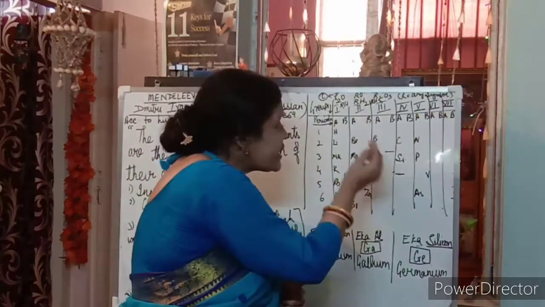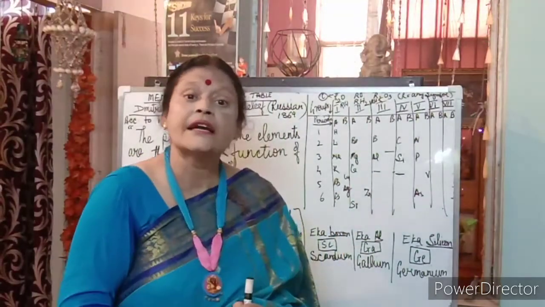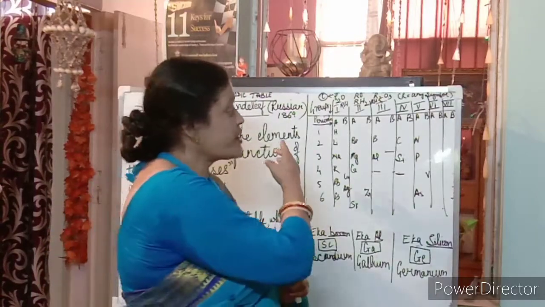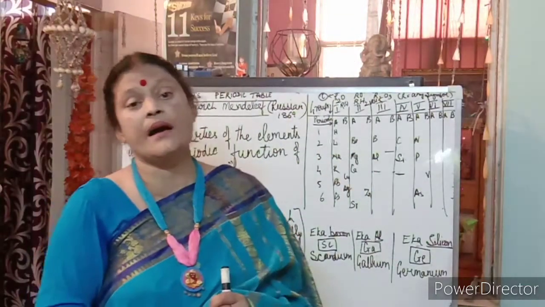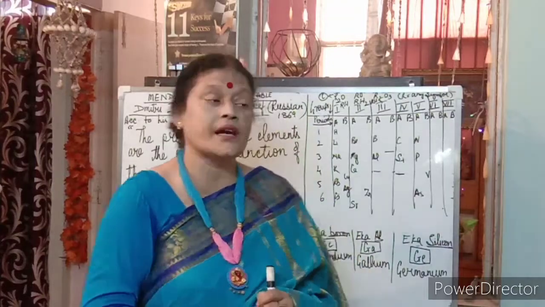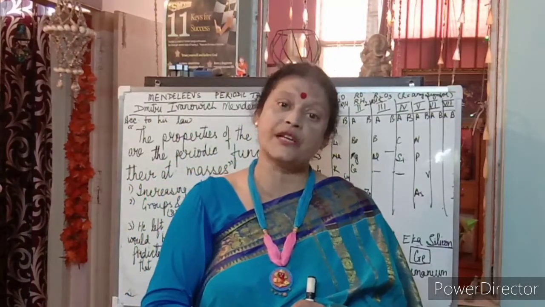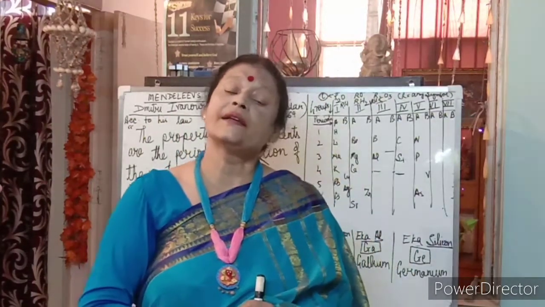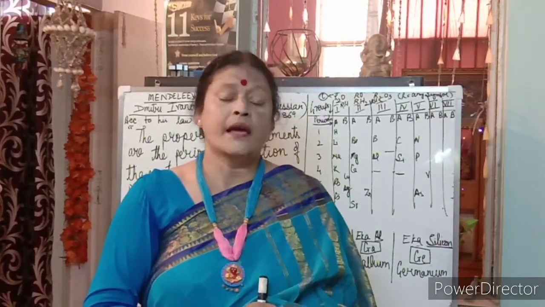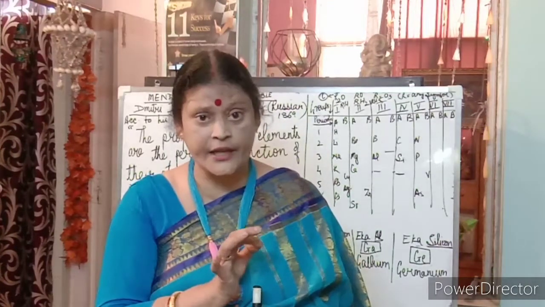Here he arranged continuously, and it was found that it was arranged according to increasing atomic mass, and they match each other in physical and chemical properties. So this is a very important discovery he made with the 63 elements known at that time. He was so intelligent, I am telling you.